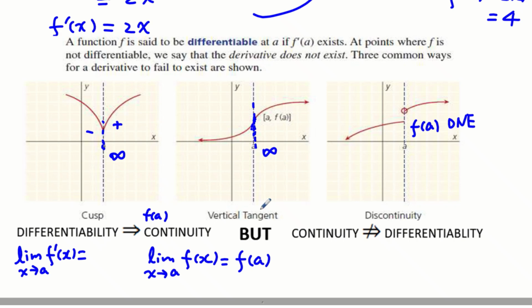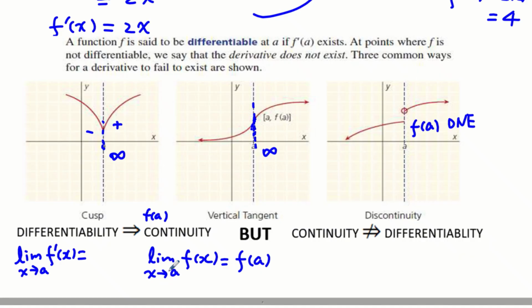So for the cusp, vertical tangent, and the discontinuity, these three common scenarios, the derivative doesn't exist at that point. So if differentiable, the function will be continuous. But continuous doesn't guarantee the function is differentiable.